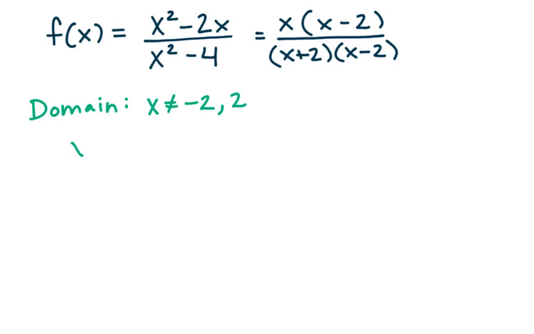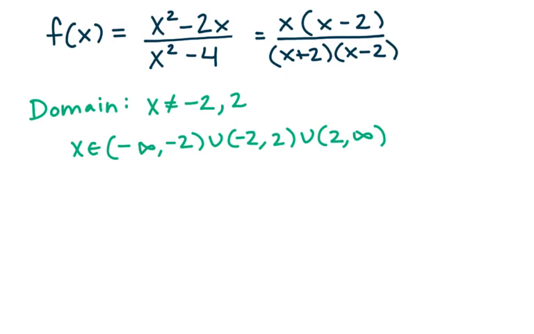So the domain of this rational function is that x is in the set from -infinity to -2, union -2 to +2, union 2 to +infinity. So then we go and think about our hole, and the hole comes from any factor that cancels.